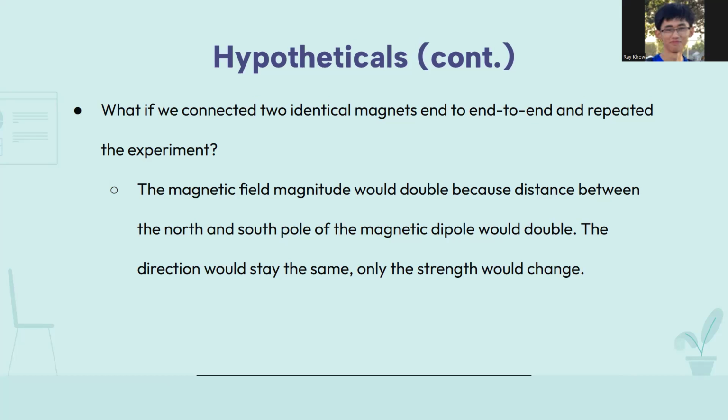And if you look at the equation of the magnetic field, if you double the distance of the dipole moment, then you would also just double the entire value as a whole. And so, yeah, the direction would stay the same, and only the strength would change.